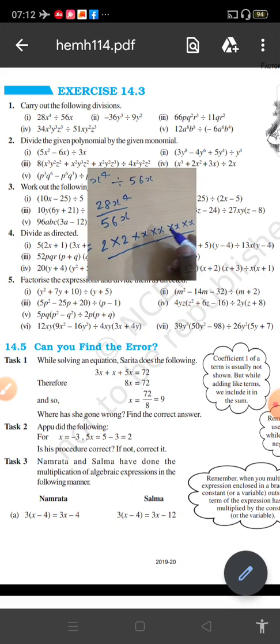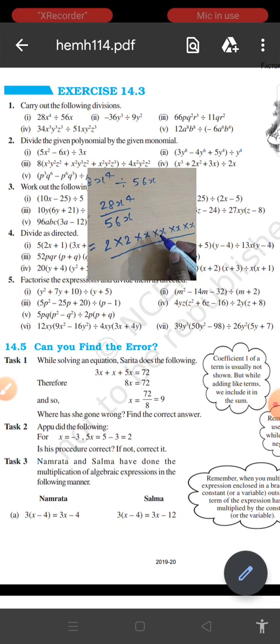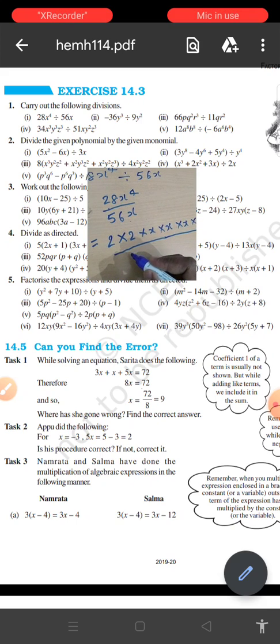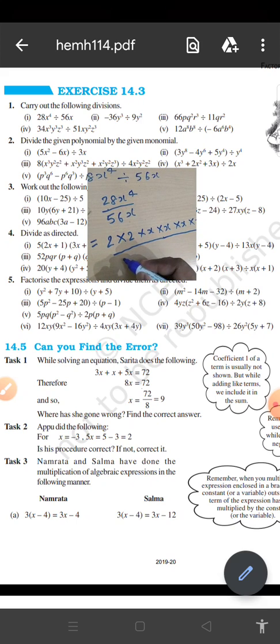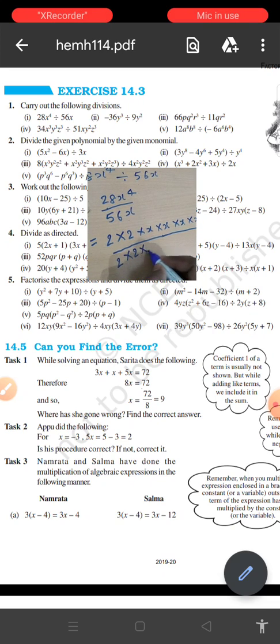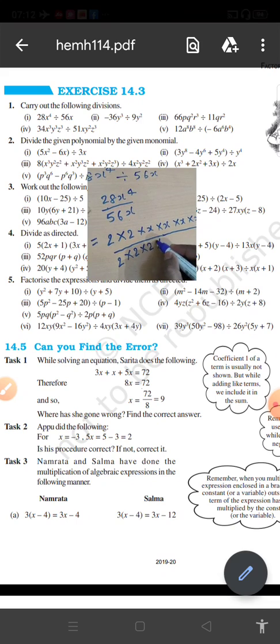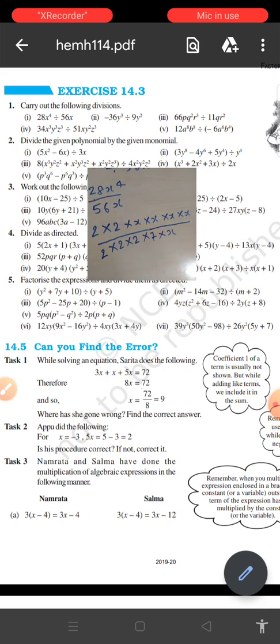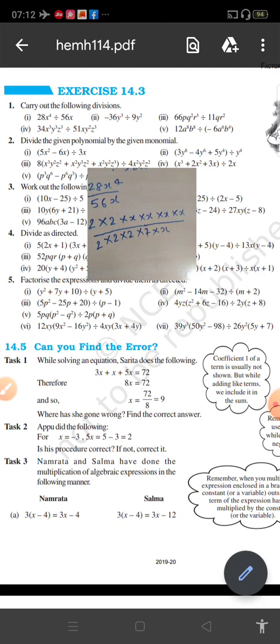What is the irreducible form of 56? As we explained above, 8 sevens are 56, and the factor of 8 is 2 into 2 into 2, into 7 into x. Okay, so first we write it like this. After this, what is the common factor between them?